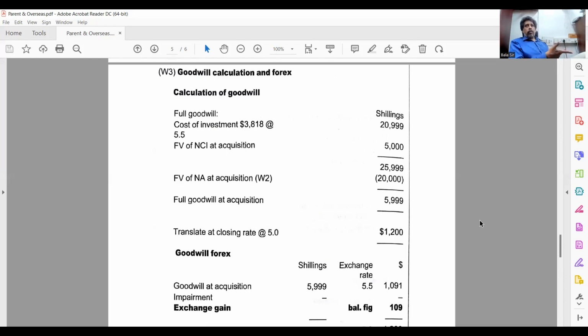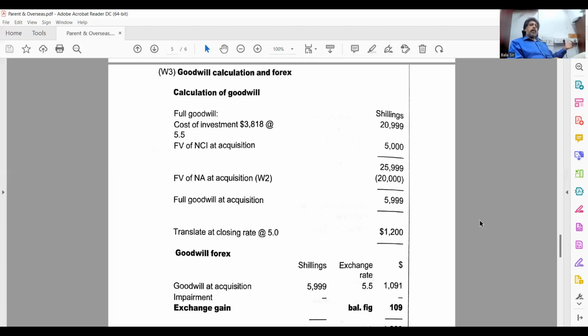What is the amount? 5,000 shillings. Adding both, 25,999. And then from this, you subtract the fair value of the identifiable net assets acquired by the parent, or net assets as at acquisition date, I should say. Not acquired. As at acquisition date, which is 20,000, right?